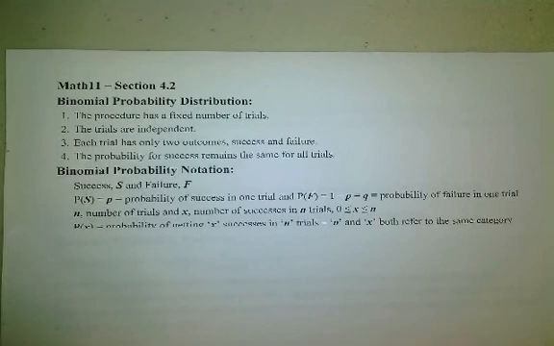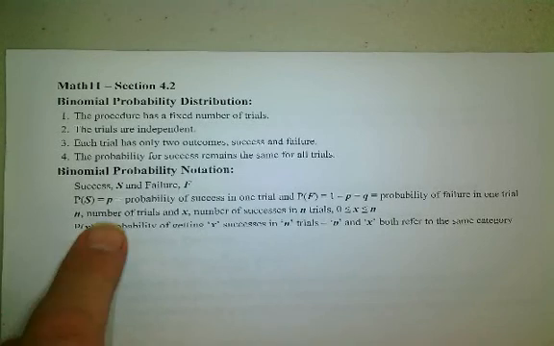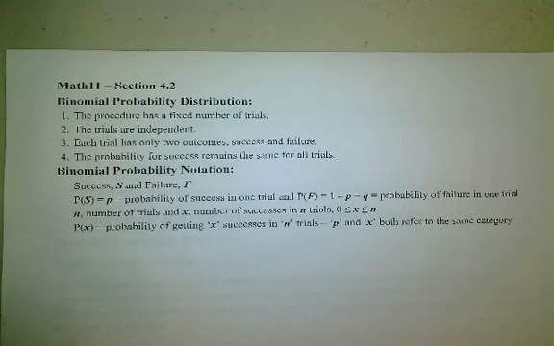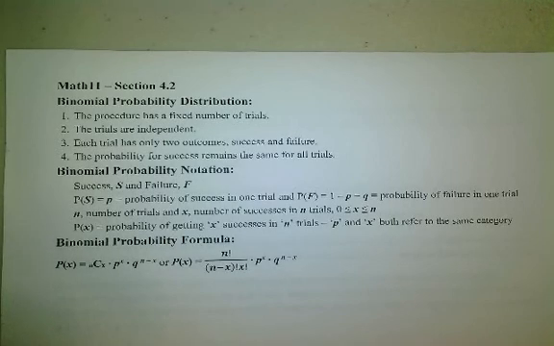Please note there has to be a fixed number of trials. That's what our N is. All the trials have to be independent, and the probability, the P, has to remain the same for all those trials. We have a formula that we can use to calculate our probabilities.